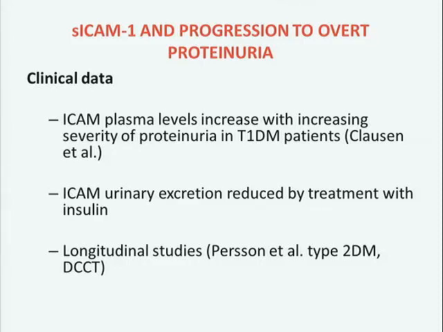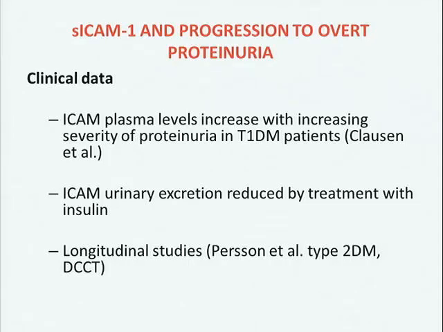The study of Persson and Rossing was done in type 2 patients, and plasma levels of ICAM and other adhesion molecules, which included actually selectin, were elevated in patients who progressed from microalbuminuria to overt proteinuria.